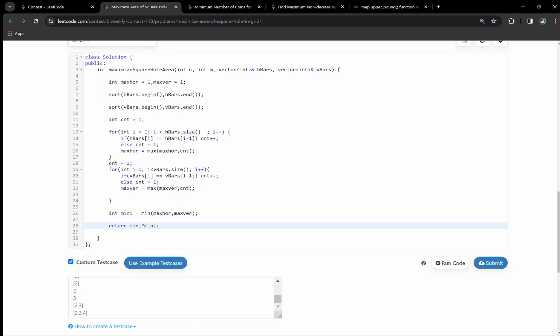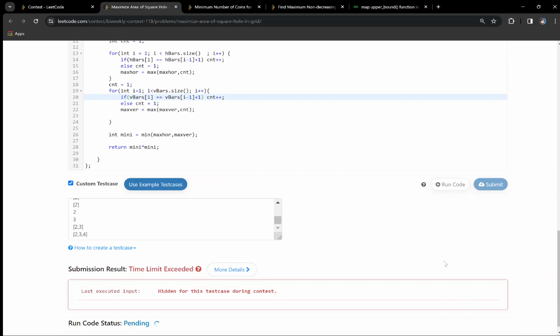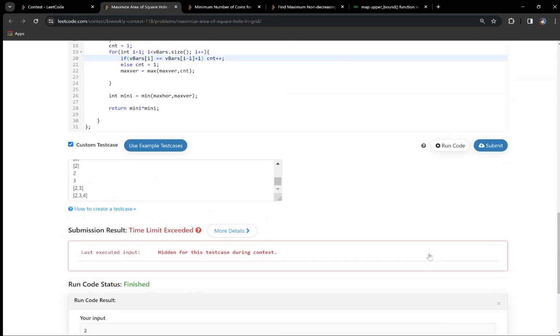So we have max or max equal to 1, and it is sorted in increasing order. Now plus 1 plus 1.